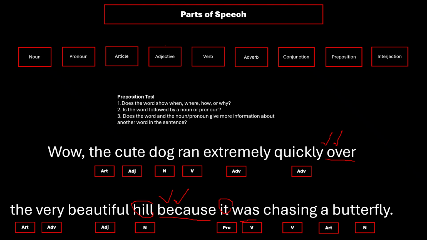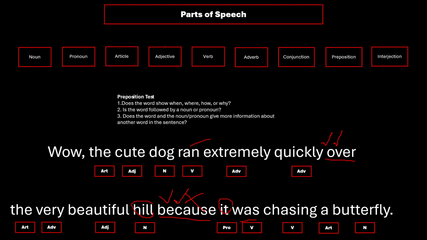All right, let's try. So we have here the word because and it. If you connect it to other word like the hill because it, does it make sense? If it doesn't make sense, hence, it's not a preposition. Let's try to connect it with the word ran. Ran because it doesn't make sense still. So it does not pass the test. How about the word over the hill?